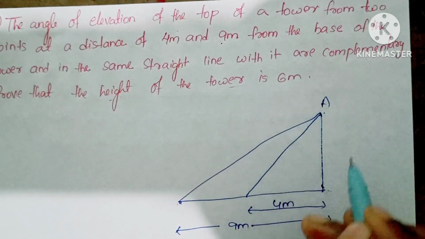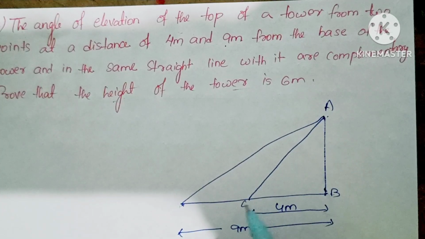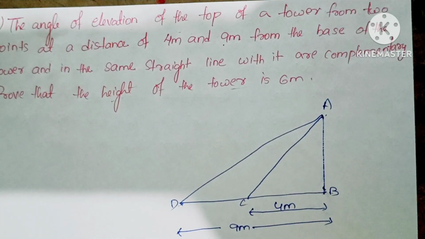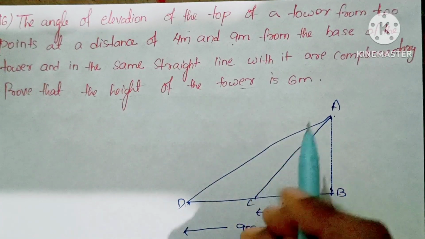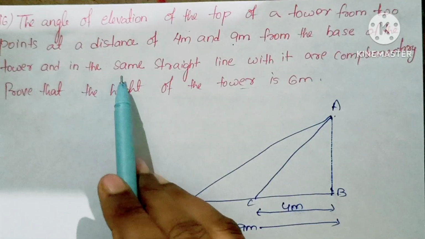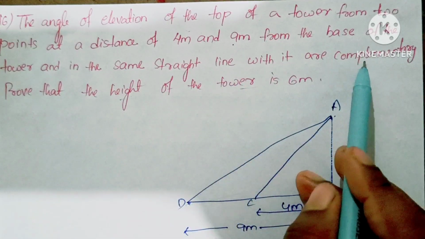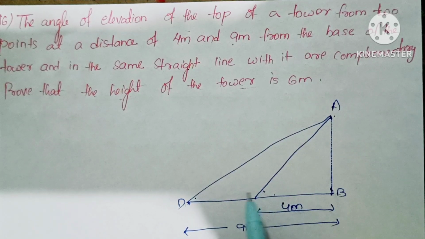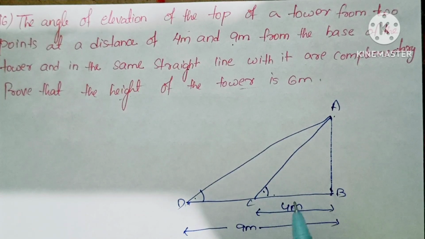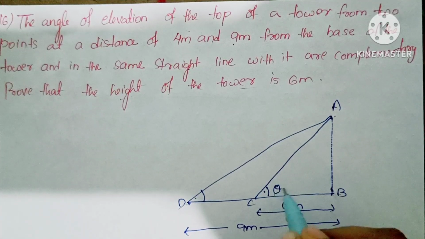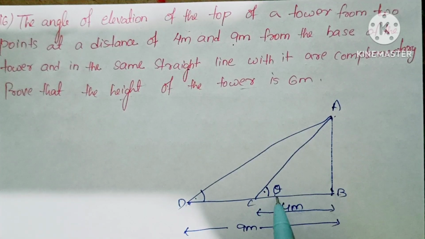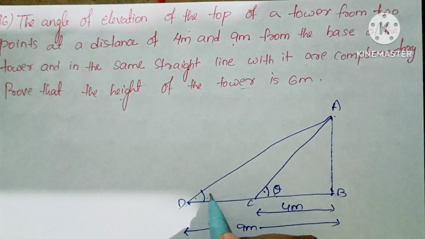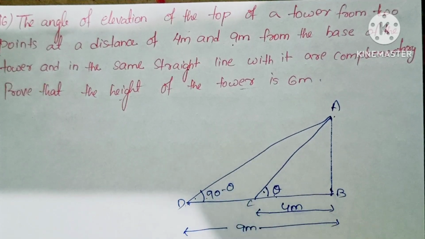I am giving names here: A, B, C, D. What did he say to find here? In the same straight line with it are complementary, so these two are complementary angles. That means the sum of this angle and this angle is 90 degrees. Suppose this angle is theta, then this angle is 90 minus theta.